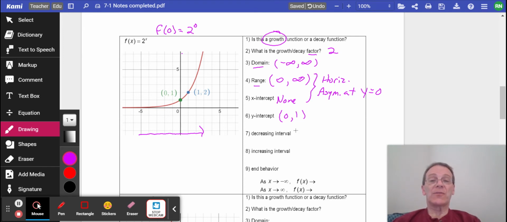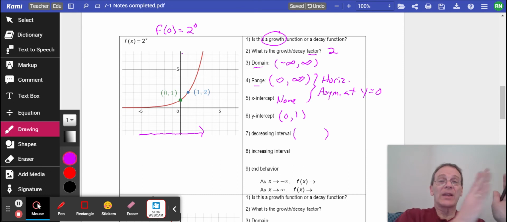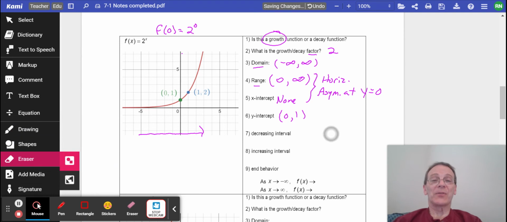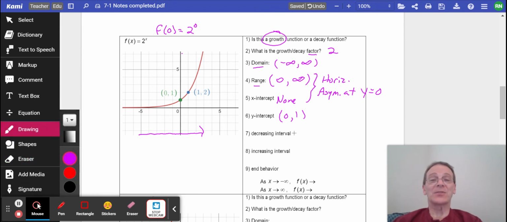Decreasing interval, okay, over what x values from where on the left to where on the right is this function decreasing, going down, and where are the y values going down, down, down? Well, they're not going down anywhere. Okay, so I opened up an interval to write in the answer there, but the answer is there is no decreasing interval.